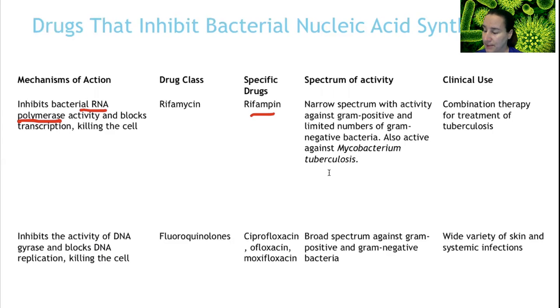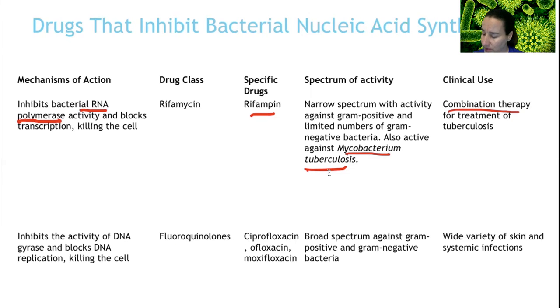Rifampin will stop that, and it says that we can use it in a drug combo. So if we were treating TB, because TB is getting more and more drug resistant, we have to use drug combinations. Rifampin is one of those that we can use in combination treatment, and rifampin starts with an R. It is going to attack the RNA polymerase within that bacteria.